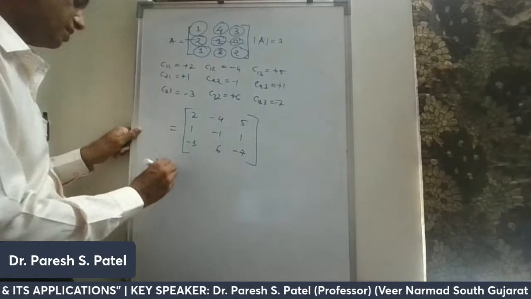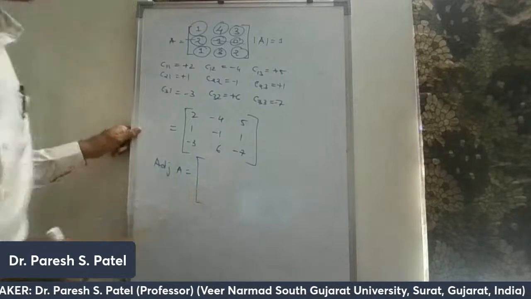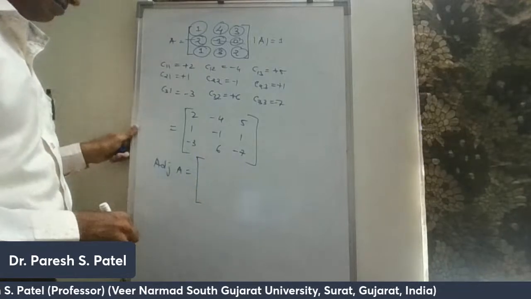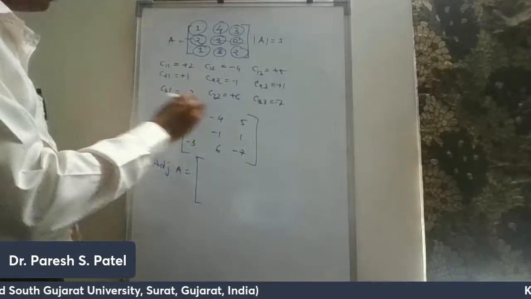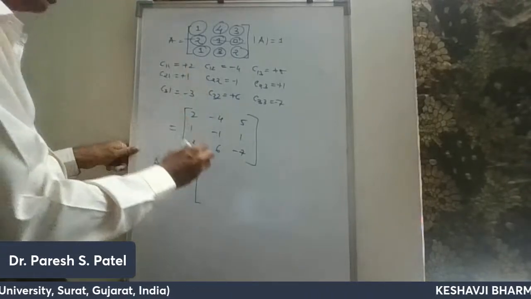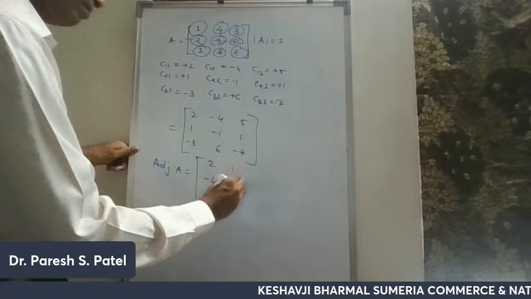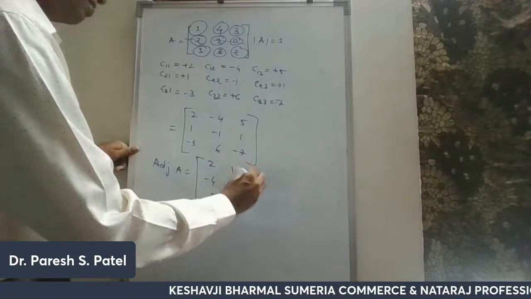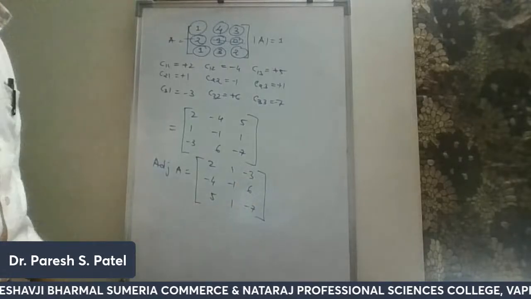Then the adjoint of A is nothing but the arrangement of these values, interchanging rows into columns. So 2, 1, minus 3; minus 4, minus 1, 6; 5, 1, minus 7. So this is the adjoint of A.